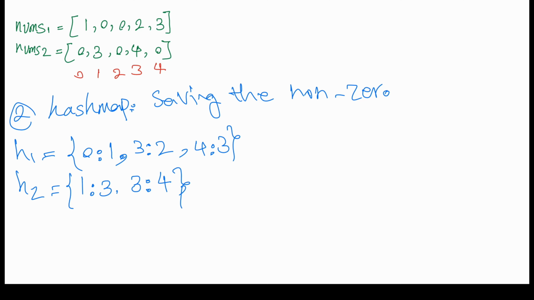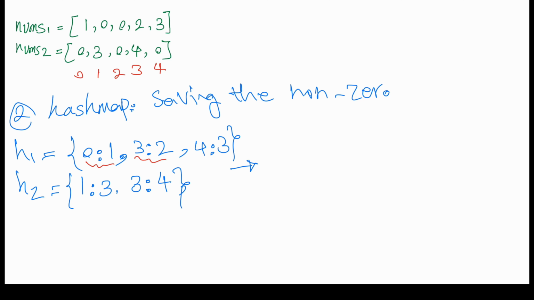Okay, so now we go through one of our hash maps and check: if we have that index in the other hash map, calculate the product of these two values and add it to the result. So for example, at the first step we go to index 0. Do we have that in the second hash map? No, we don't do anything.